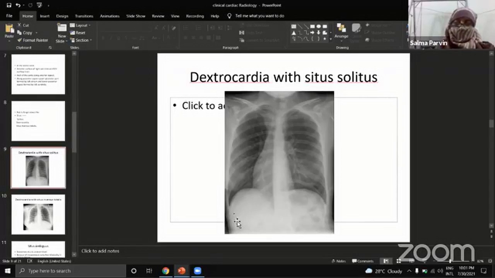So the liver is on the right side and the stomach on the left side, and that is a very important parameter to declare the actual situs status. So only the heart is on the right side and the abdominal organs are in normal position. This is called dextrocardia with situs solitus.